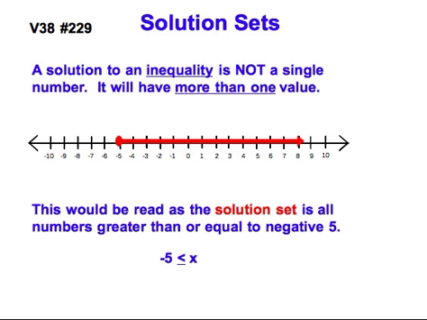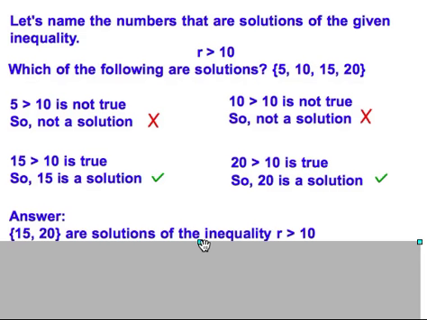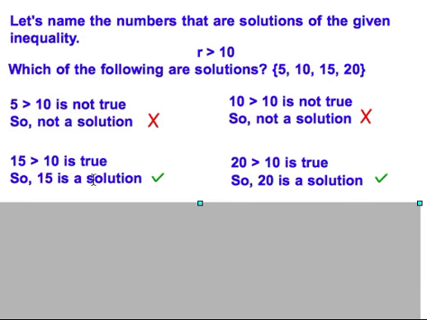Slide 230 demonstrates how there can be more than one solution in an inequality. So take the example r is greater than 10. Which of the following are solutions? Well, this slide goes through and tests all of them. 5 is not greater than 10, so therefore it can't be a solution. 10 is not greater than 10, can't be a solution. 15 is greater than 10, and so is 20.